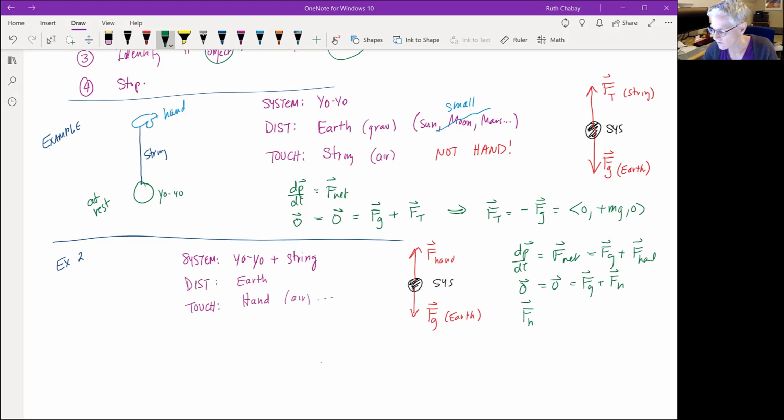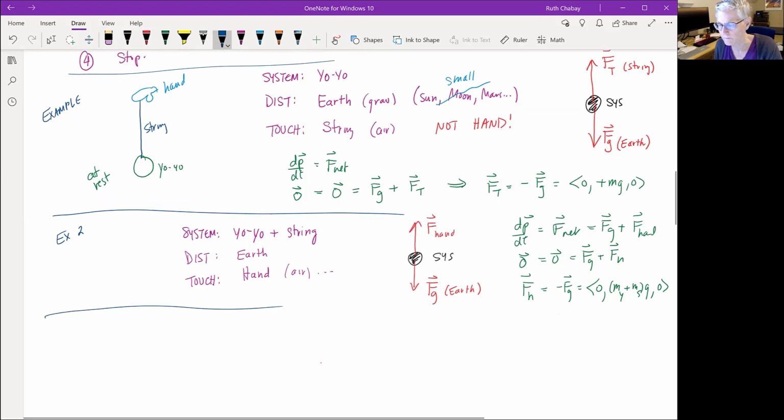So that we can solve for the force by the hand, which is going to be minus F gravitation, which is actually the mass of the yo-yo plus the mass of the string times g. Okay, so that's a really simple example, but it gives you the idea of what we're doing.